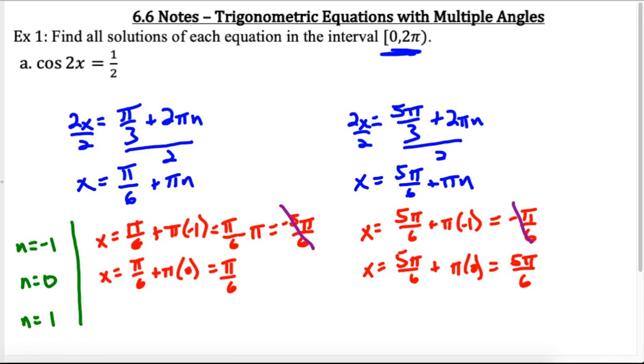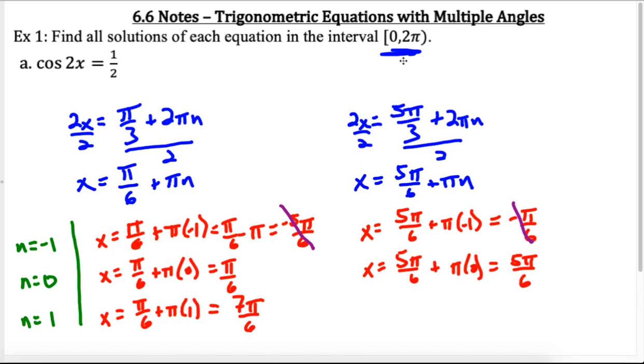That would be +1. So if I plug in 1 for n, that'll be pi over 6 plus pi times 1. Well, that would be pi over 6 plus pi, or pi over 6 plus 6 pi over 6. If we're getting common denominators, that would be 7 pi over 6. Pi over 6 plus 1 pi.